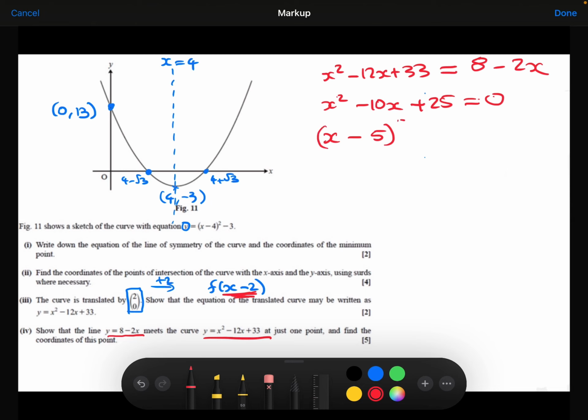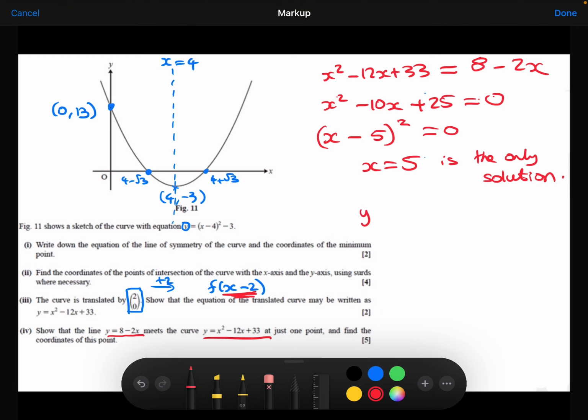And when we factorise, we get a perfect square which has only one solution, as we expected. So x equals 5 is the only solution where that quadratic meets that straight line.